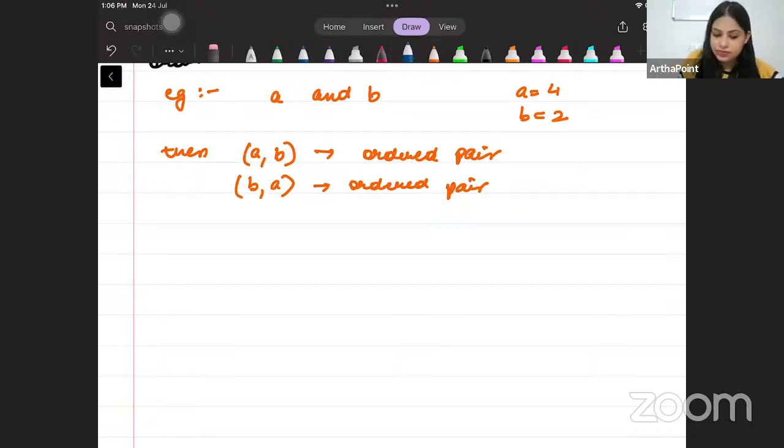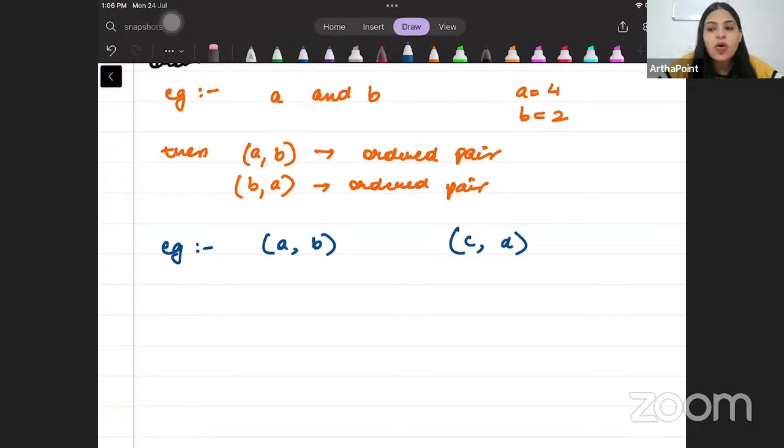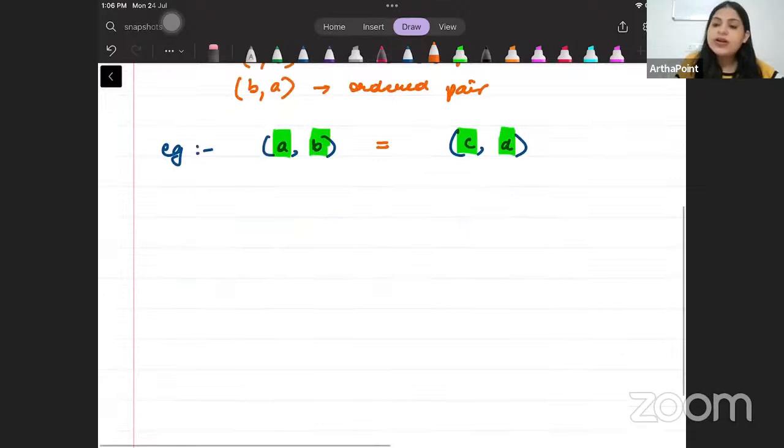Ordered pairs are equal if their elements are equal. Just for example, I have an ordered pair A comma B. ये एक ordered pair है. And I have another ordered pair C comma D. So beta, when will these ordered pairs be equal? They will be equal if A is equal to C and B is equal to D. Only then these two will be equal to each other. मतलब अगर A की value 4 है, तो C की value भी 4 होनी चाहिए.